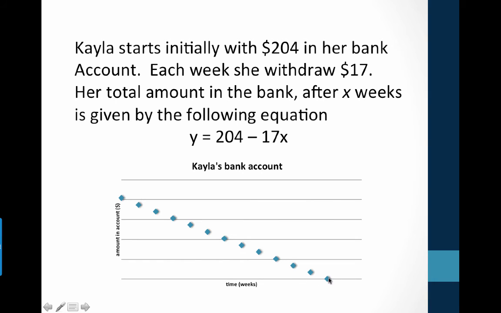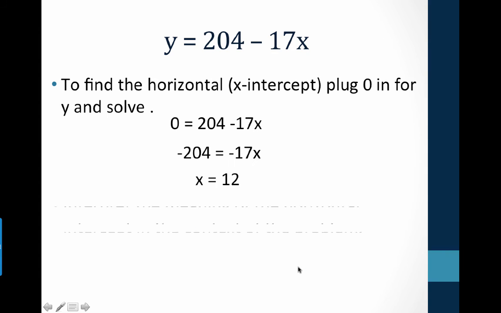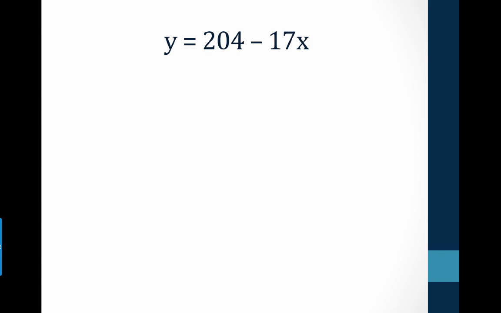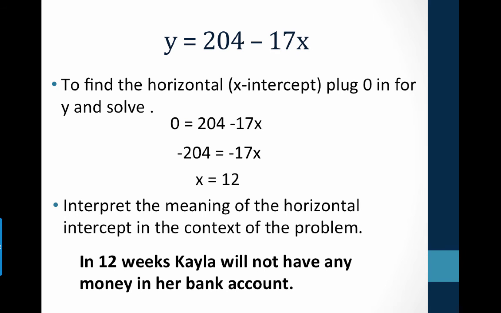That would mean after 12 weeks she had 0 money in her account. So we would say, in 12 weeks, Kayla will not have any money in her bank account.